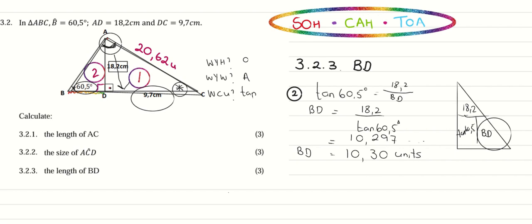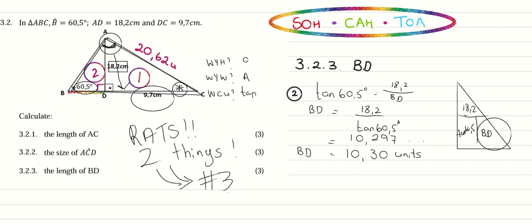So my fellow exterminators, if you want to sort out any rats, you need at least two things, only two things. With those two things, you can find the third thing. So you either have two sides, you can use that to find the third side, or you have two angles, which you can use to find another angle, or you have one angle and a side, which you can use to find another side.